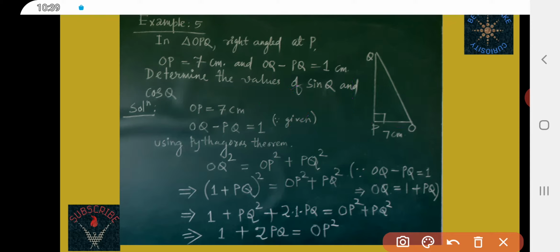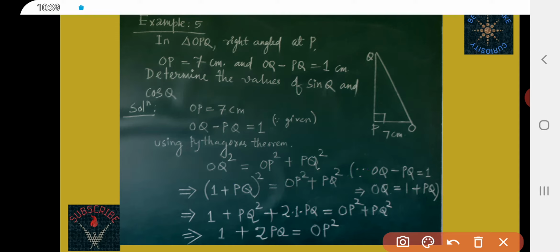Okay. So using Pythagoras theorem, we can write OQ square is equal to OP square plus PQ square. Okay. And here given OQ minus PQ equal to 1, which implies that OQ is equal to, you take right side, then 1 plus PQ. Now you write 1 plus PQ in the place of OQ.